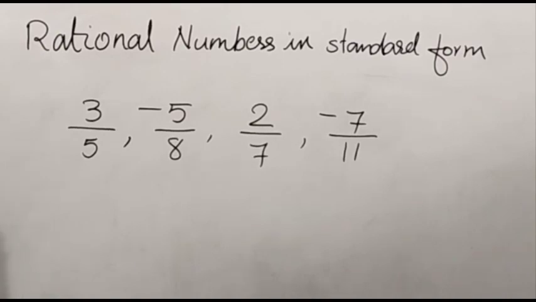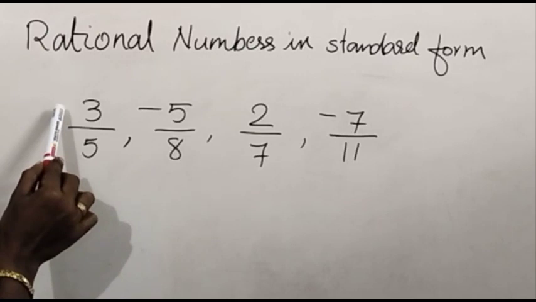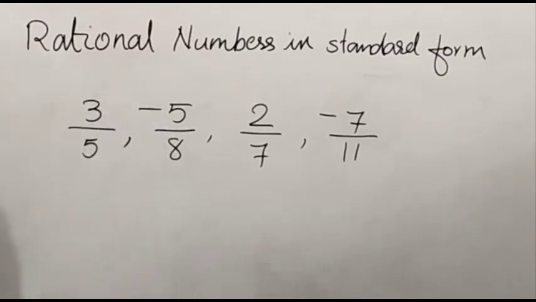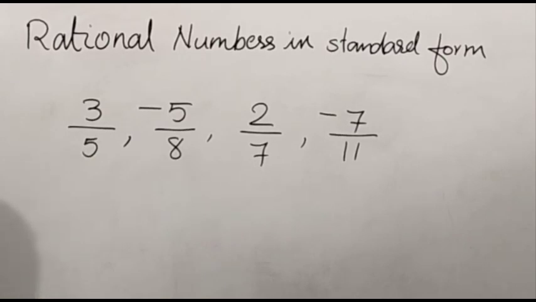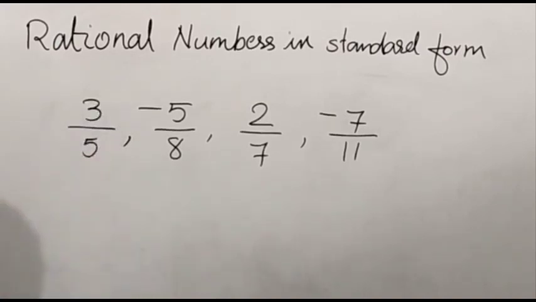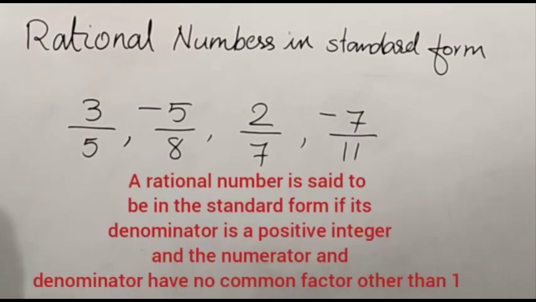That means these numerators and denominators are divisible by the number 1 only. Further, the negative sign occurs only in the numerators. Such rational numbers are said to be in standard form.